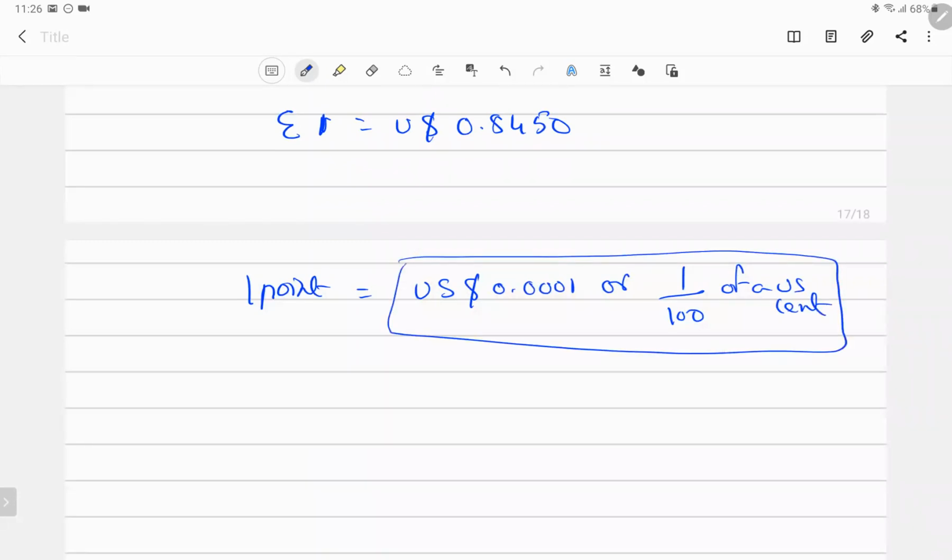So this is the meaning of point or pip. 1 point in terms of dollar is US dollar 0.0001, or 1 divided by 100 of a US cent.